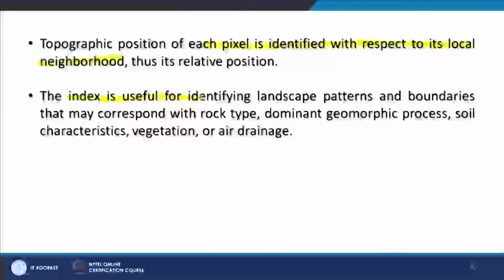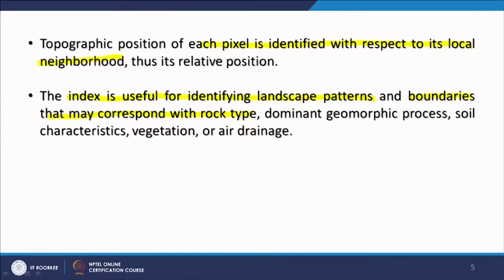So this index is useful for identifying landscape patterns. We will see some examples. Boundaries may correspond to rock type, sometimes, because the surface characteristics are controlled by the rocks, the different types of lithologies which are present, different types of soils which are present.